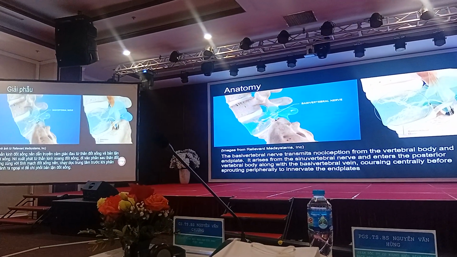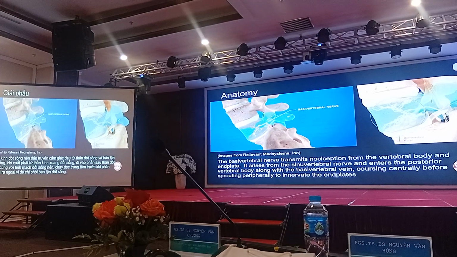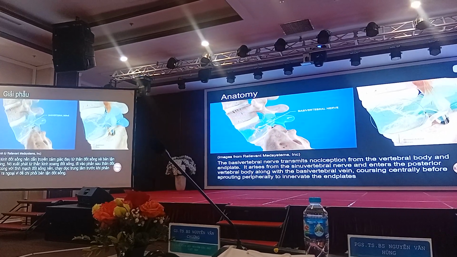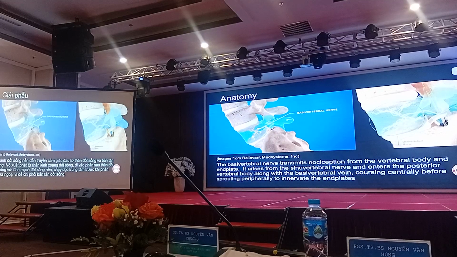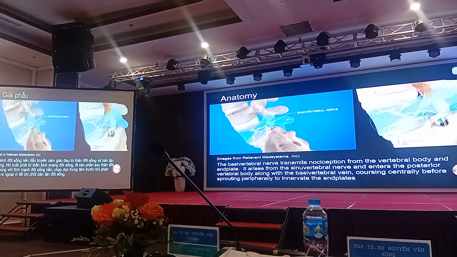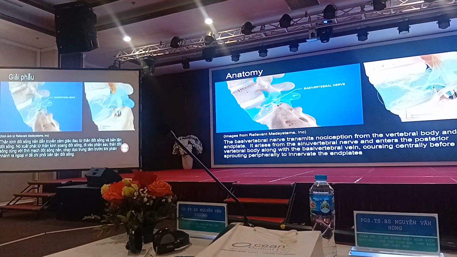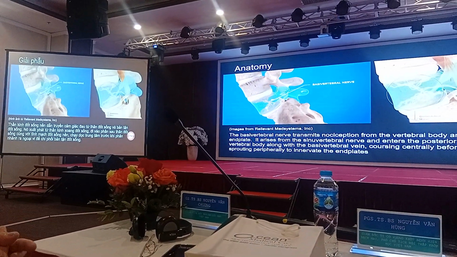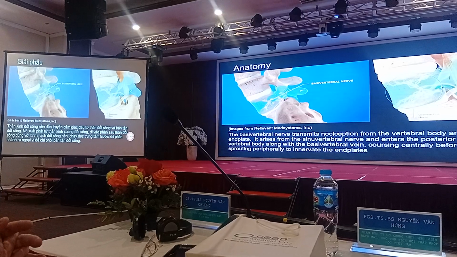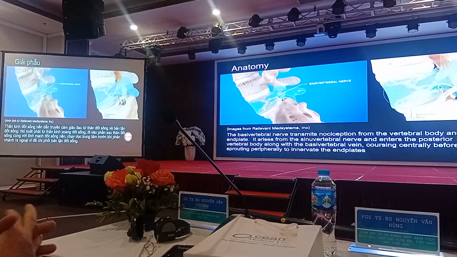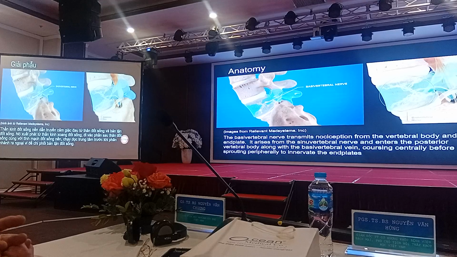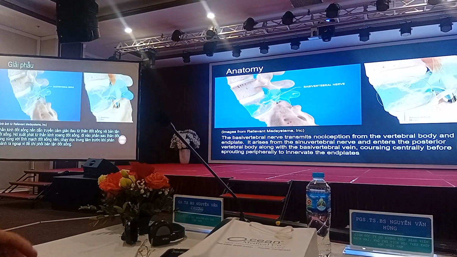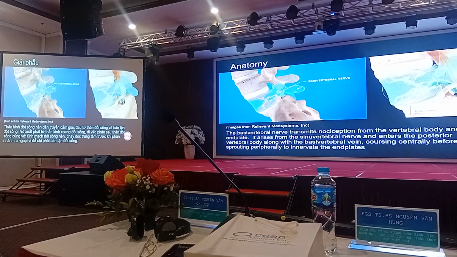So we'll talk about the anatomy as we start to lead towards the procedure to treat this. So the basivertebral nerve transmits nociception from the vertebral body and the end plate. So you can see the nerve here. It arises from the sinuvertebral nerve and enters the posterior vertebral body along the basivertebral vein through the basivertebral foramen and courses centrally before sprouting peripherally.